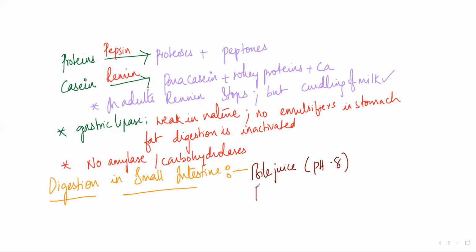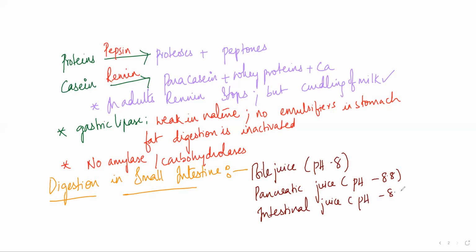You can even see the presence of the pancreatic juice, whose pH is 8.8. And at last, you can see the intestinal juice with its own respective enzymes, and the pH is 8.3. Okay, all are alkaline, right? They are above 7. They are alkaline. So these are the ones present here.